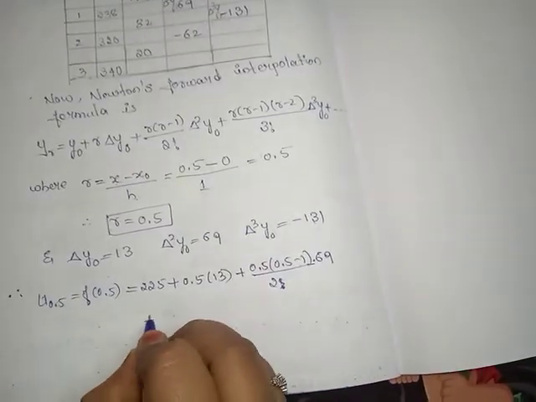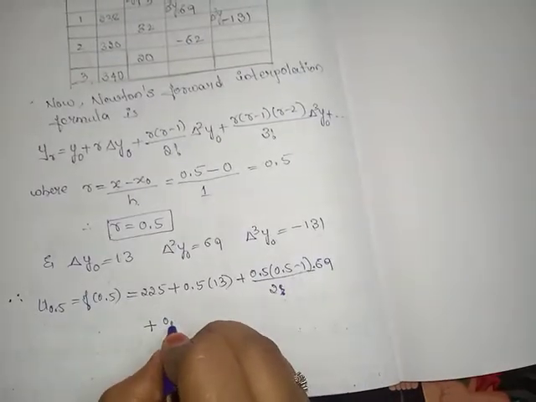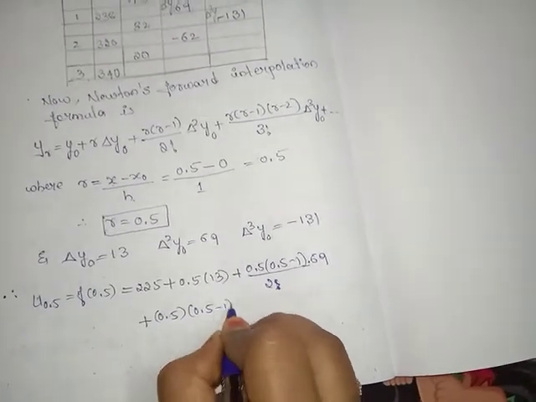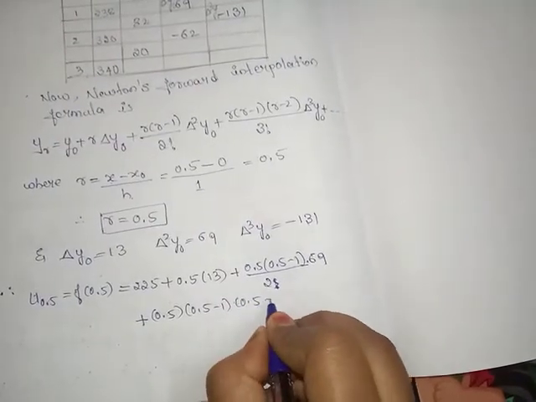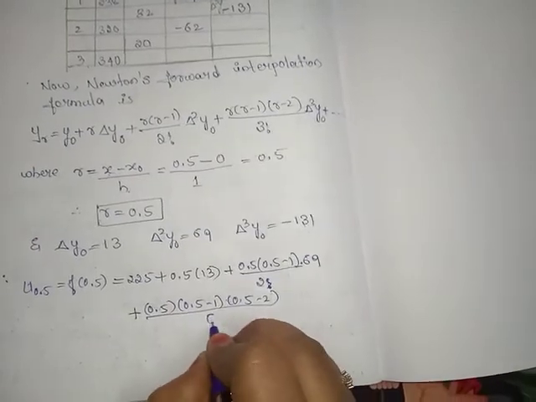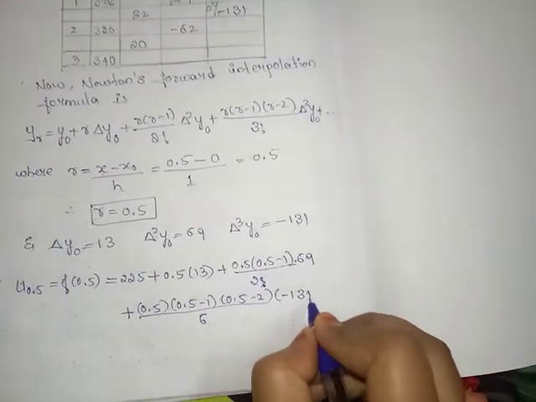I will write the third term here, plus 0.5 into 0.5 minus 1, 0.5 minus 2 divided by 3 factorial, which is 6, into minus 131.